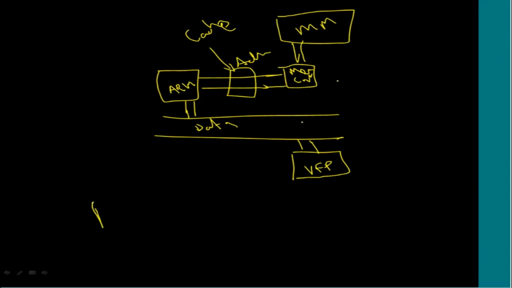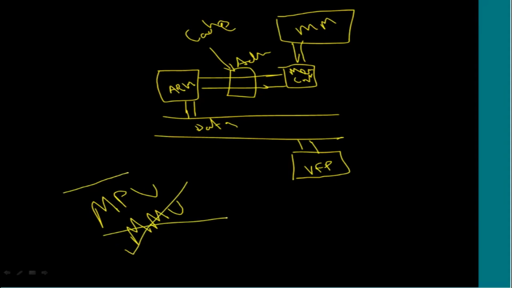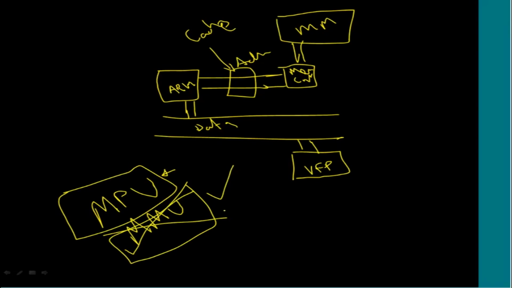Now we have two topics to discuss: one is the memory protection unit and the other is the memory management unit. This is not the focus now; the focus is the memory protection unit. One thing you should remember is that memory protection unit functionalities are built into the MMU if an MMU is present in the system.